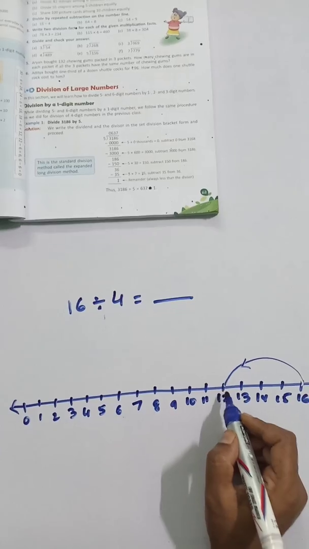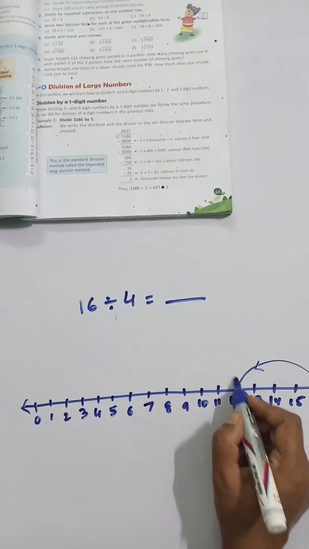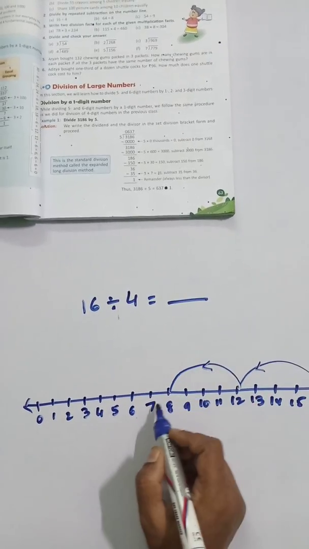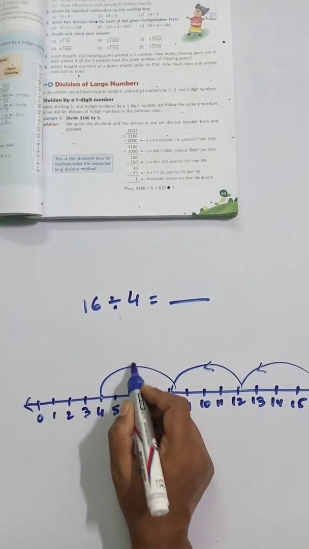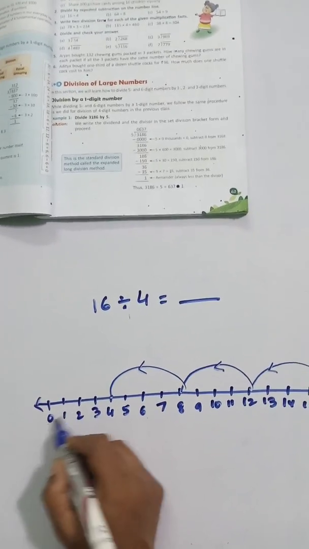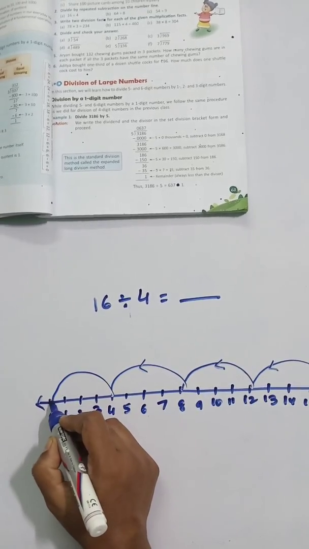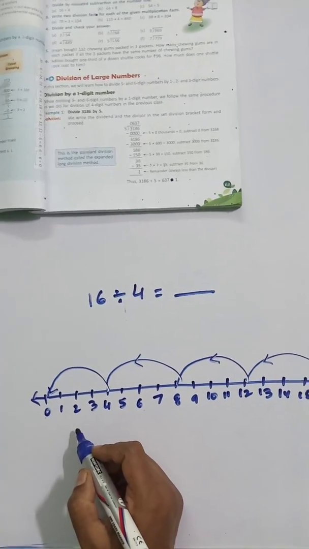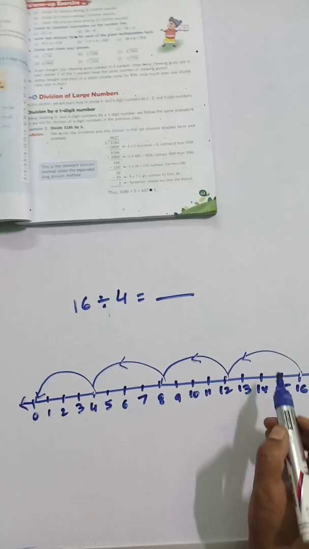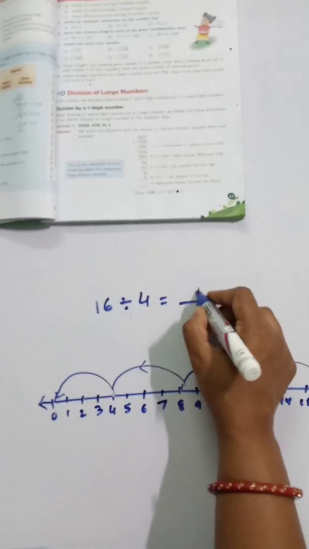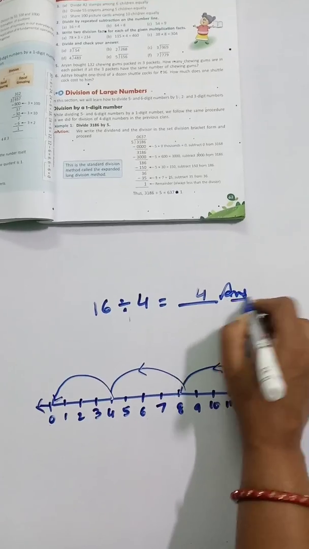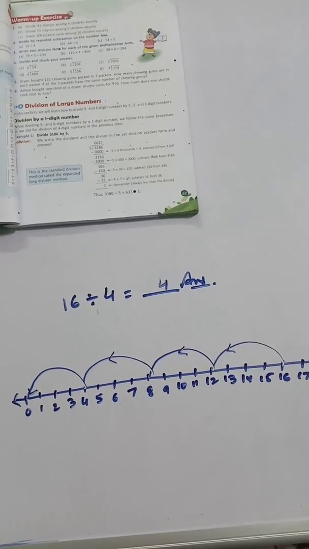Now again 4 steps back, 1, 2, 3, 4. Now again 4 steps, 1, 2, 3, 4. Now again 1, 2, 3, 4. So we have reached 0. Now you count the number of steps, 1, 2, 3, 4. This number of steps is our answer. In this way you solve division on the number line.